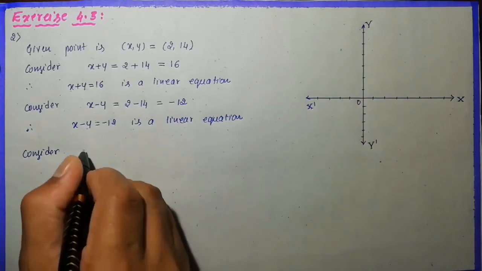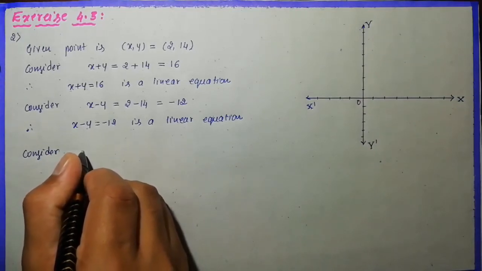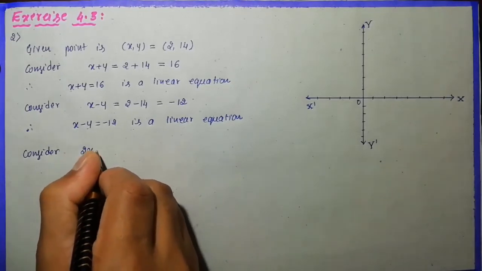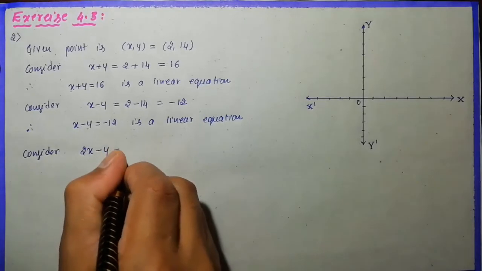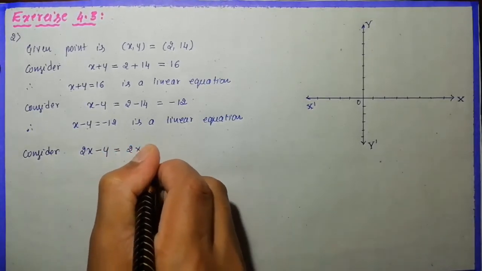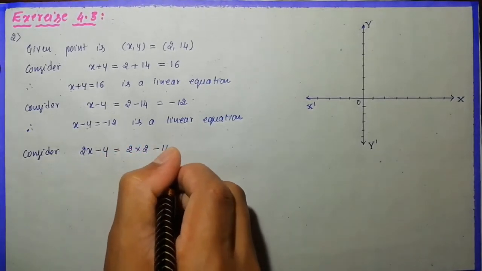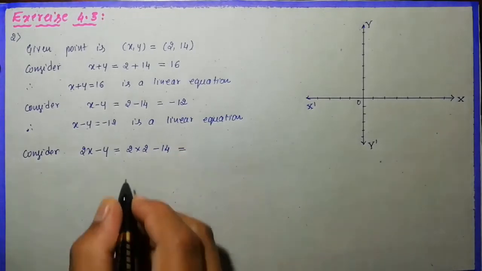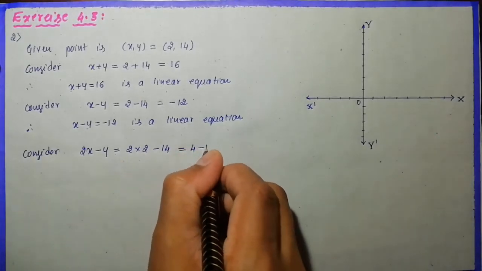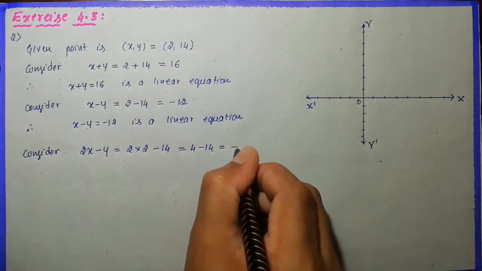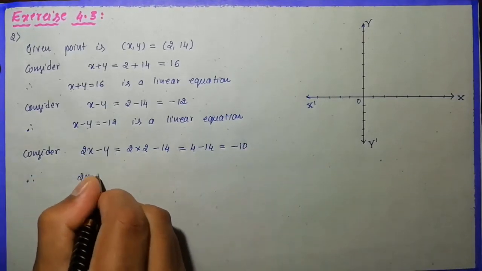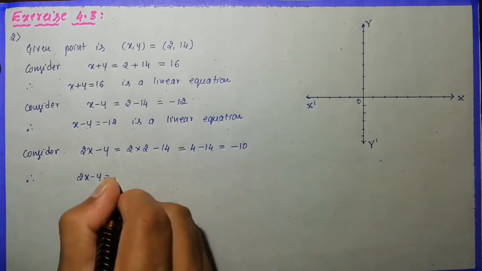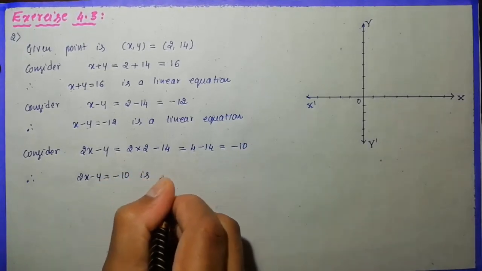Now look here, I'm going to consider 2x minus y, or plus y, whatever it may be. 2x minus y. So 2 into x means 2 into 2, and minus y means minus 14. So 2 into 2 is 4, and then minus 14, so it will become minus 10. Therefore 2x minus y is equal to minus 10 is a linear equation.